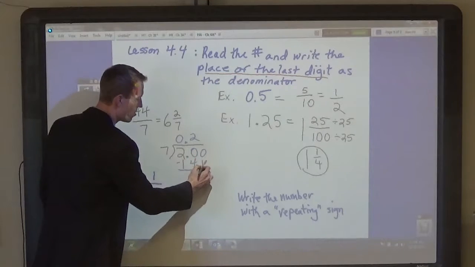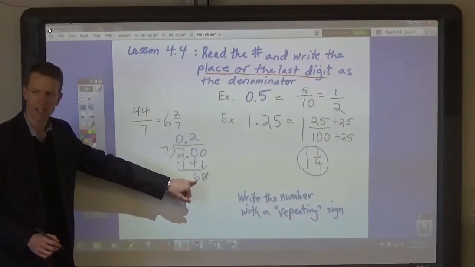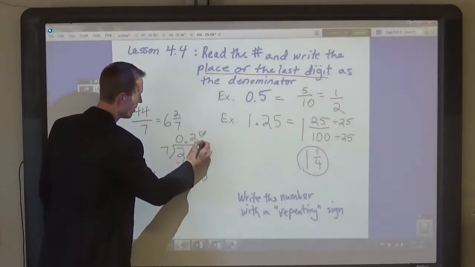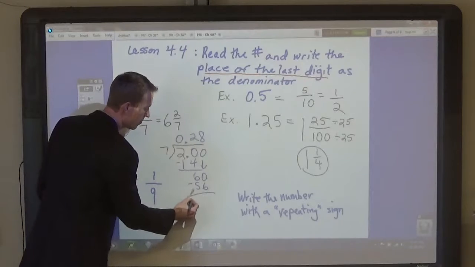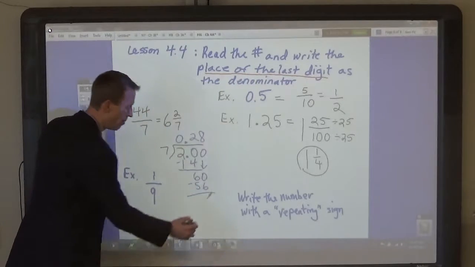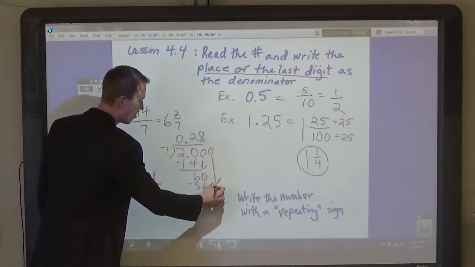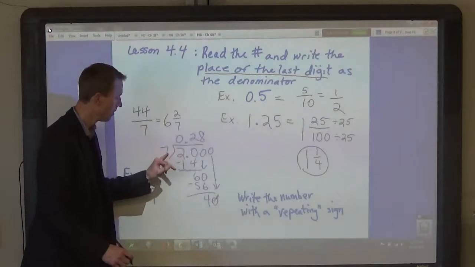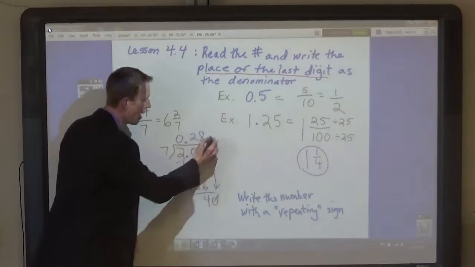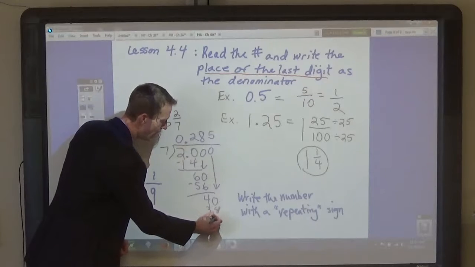Bring down another 0. 7 goes into 60, 8 times. 8 times 7 is 56. Remainder 4. Bring down another 0. 7 goes into 40, 5 times. 35.